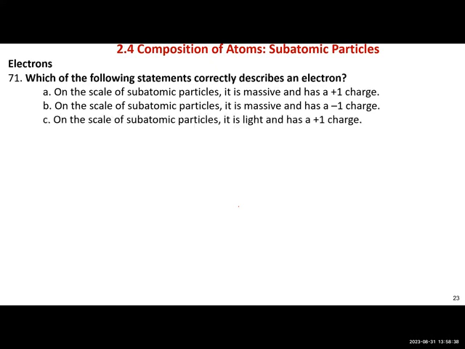It's true. Another option says it is massive, this is false. Electron is not massive. These are both false. The correct one has a charge of negative 1.